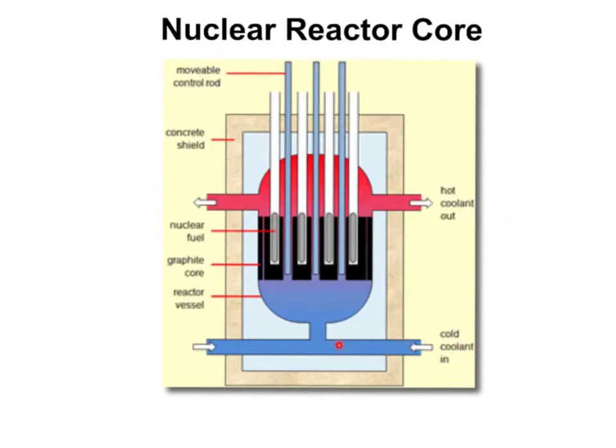We have the cold coolant coming in and the hot coolant leaving, to absorb the heat generated by the energy of this fission reaction. Also, the heat leaving would be used to run the turbines, and in turn generate electrical energy. So that is what the schematic of a nuclear reactor core is like.